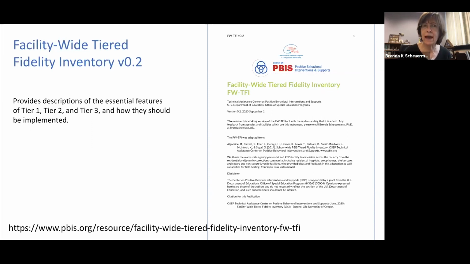Sometimes that outside input is helpful. So the goal is not to get the highest score possible. The goal is accurate self-reflection on your PBIS activities. That will then help you in your action planning as you move forward and are either moving towards implementation of Tier 1 or perhaps Tier 2 or even Tier 3, or as you're just improving implementation of Tier 1, Tier 2, or Tier 3.